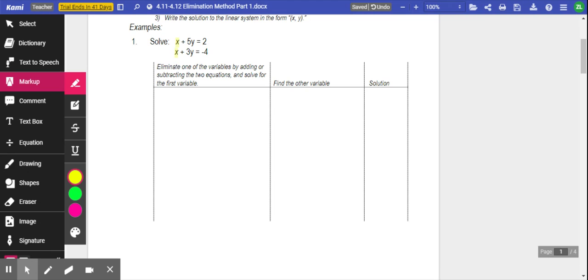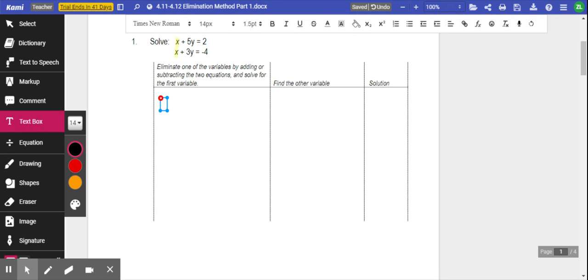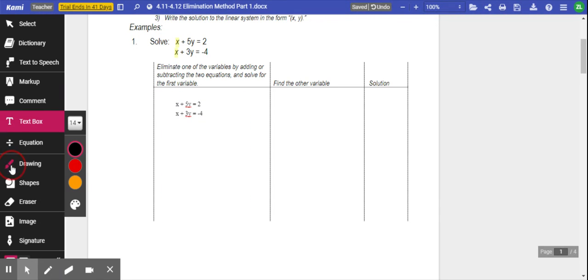And since they're both positive, we can subtract that variable, okay? So we have x plus 5y equals 2, and then x plus 3y equals -4. So what we're going to do here is a little bit different than anything we've done before.